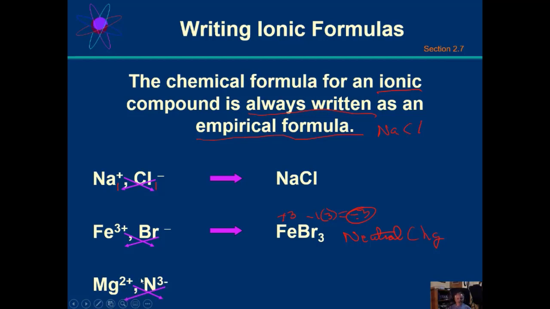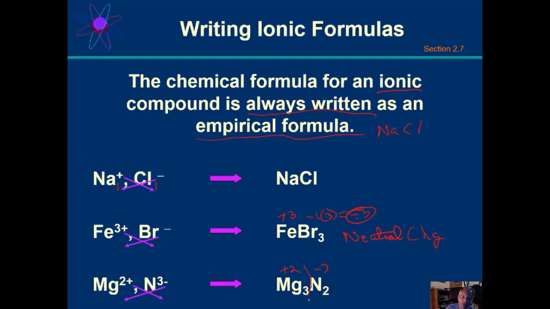Now, this is telling me I need 3 magnesiums with a 2+ charge to balance the 2 nitrogens with a 3- charge. So that's going to give us this formula. Why is this? Think about it this way. Each one of the magnesiums is 2+. Each one of the nitrogens is 3-.